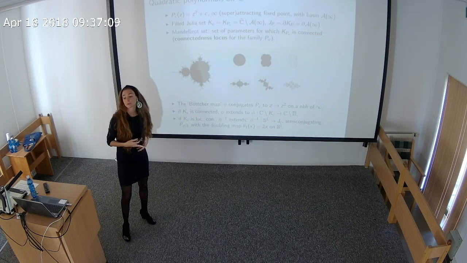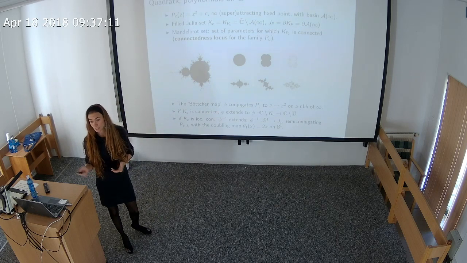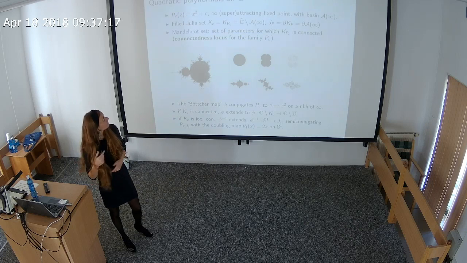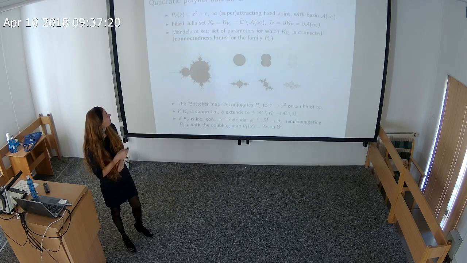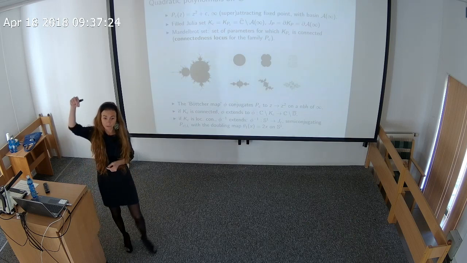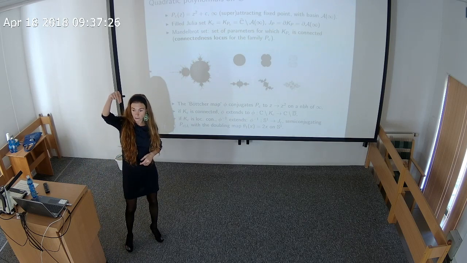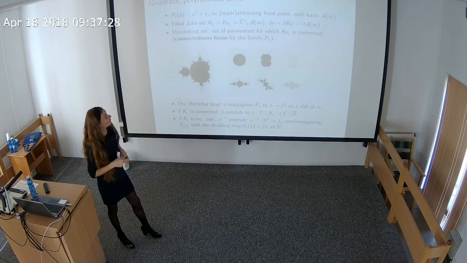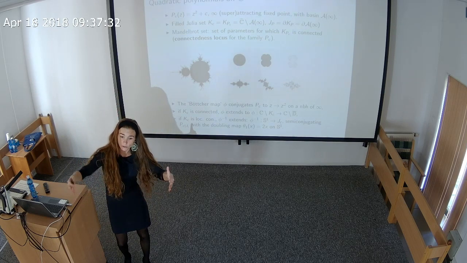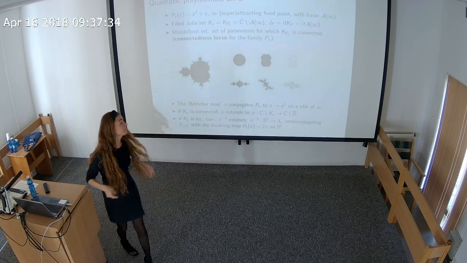A very important family in complex dynamics is the quadratic family, P_c of zeta equals zeta square plus c. For each polynomial on the Riemann sphere, infinity is a super attracting fixed point. And therefore, it has a basin of attraction, which is defined as the set of points which are attracted to infinity, eventually.